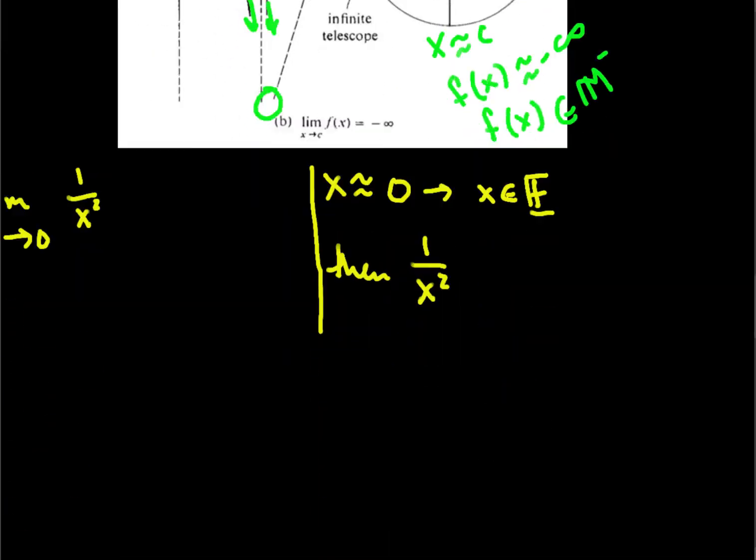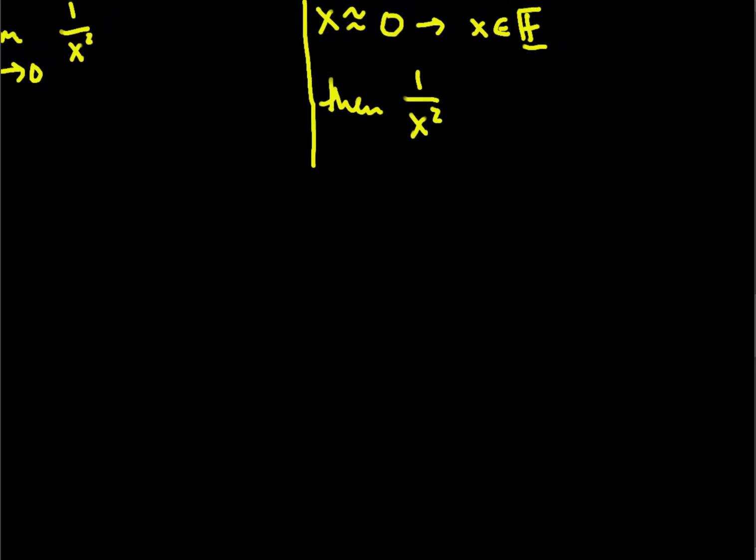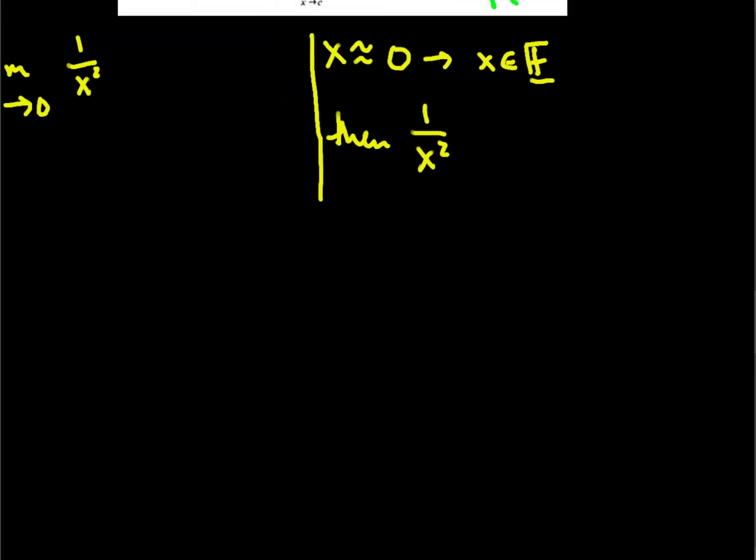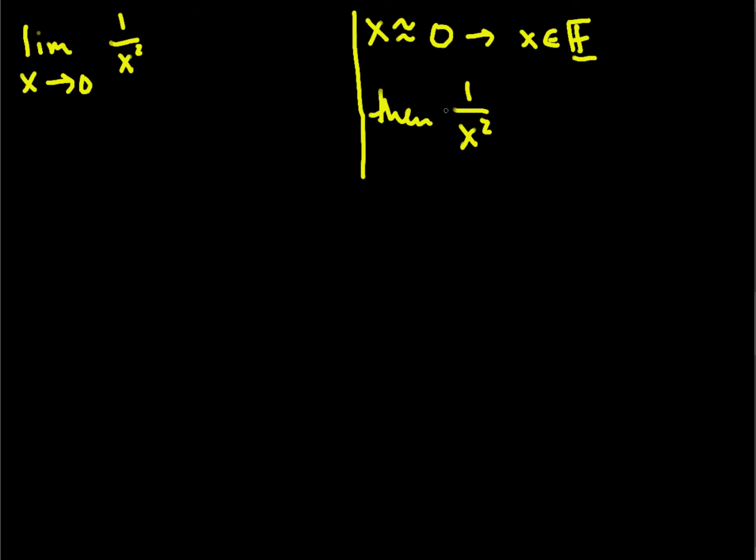So since x is an infinitesimal, I should have mentioned this, x squared is also an infinitesimal. And by the rules of reciprocals, everything's positive, so this is a positive infinitesimal.